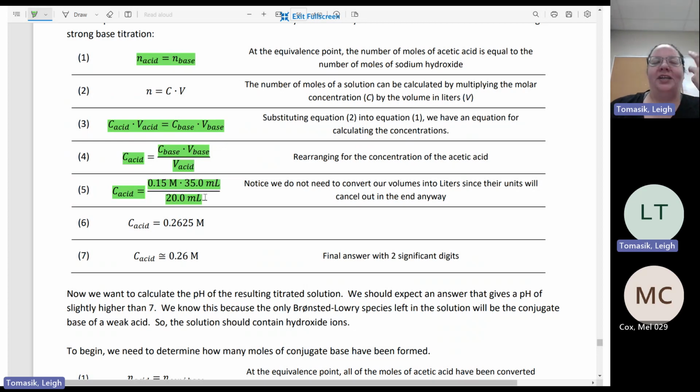Our brain is meant to handle real life numbers and not these symbols. So we fill in the numbers, we rearrange the equation, and we find the concentration of the acid is 0.2625, but we're going to use two significant digits.